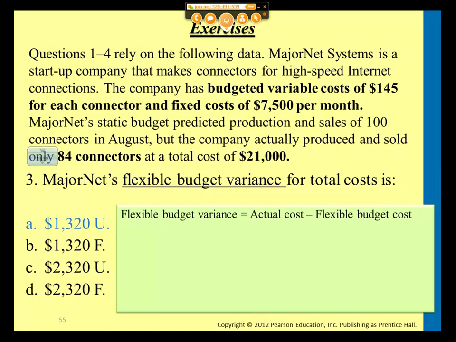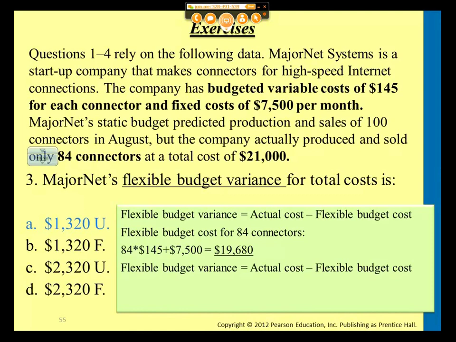But what I need to figure out first is the cost for 84 connectors. We figured that out, I believe. Yes, we did. And so the next is the difference between the total cost of 21,000 and the 19,680. And again, is it U or F? Always check, even if you remember the formula, check.